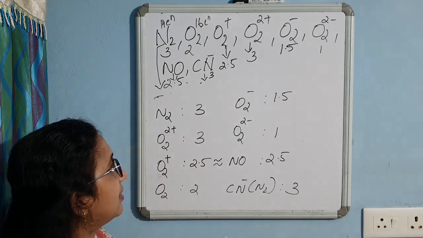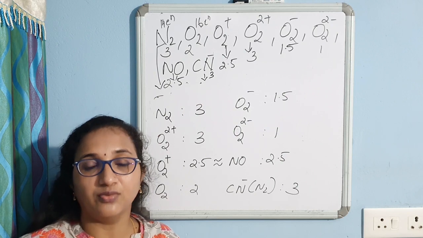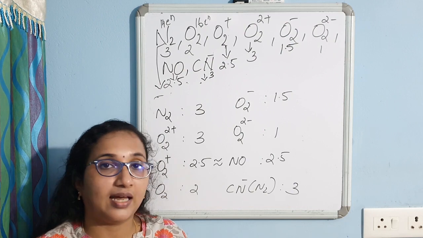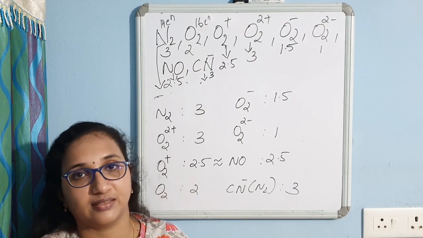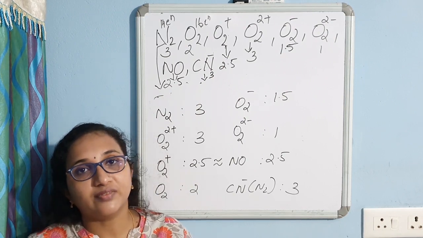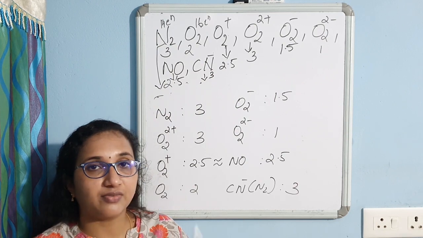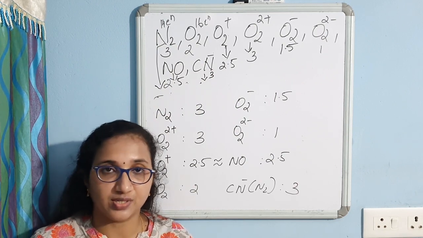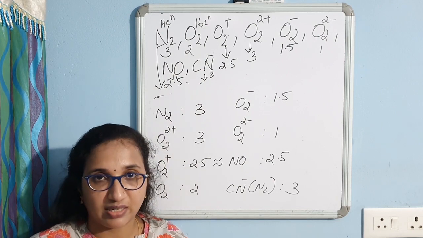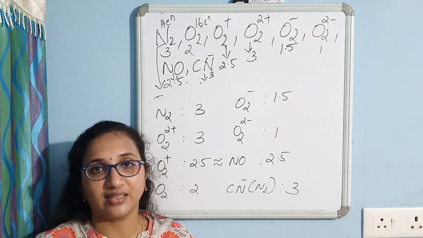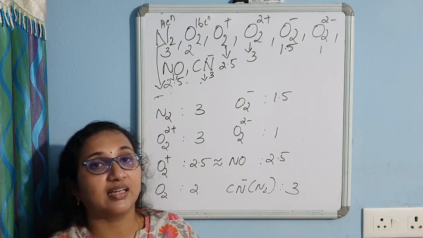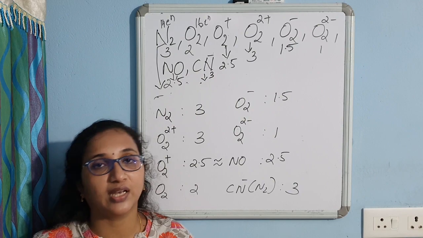So in this way we can compare: the higher the bond order value, the higher will be the stability and the higher will be the bond dissociation energy, and the lower will be the bond length. We know bond order is directly proportional to bond dissociation energy and inversely proportional to bond length. So this way we can compare any number of molecules. If we know the molecular orbital configuration, we can predict their relative stability, bond dissociation energy, bond length, etc.